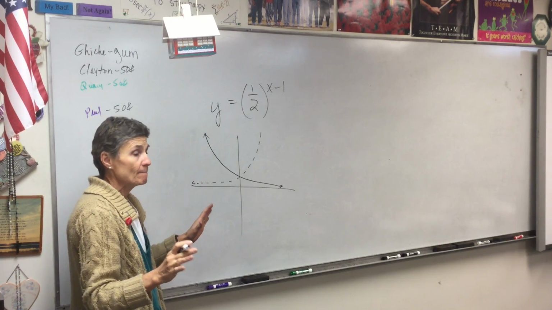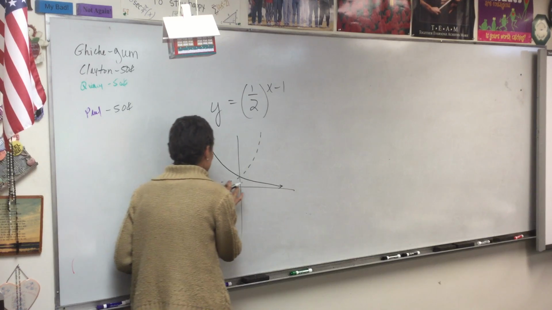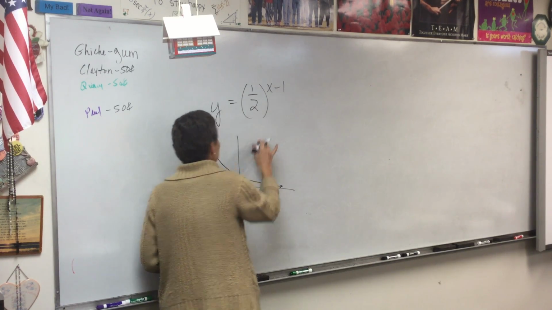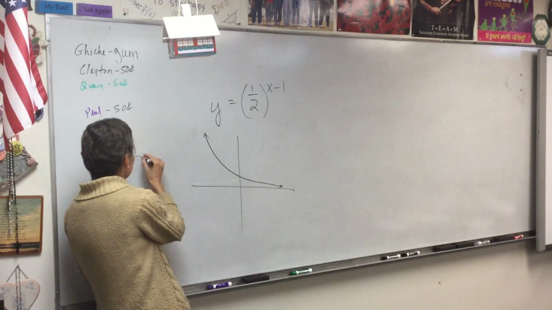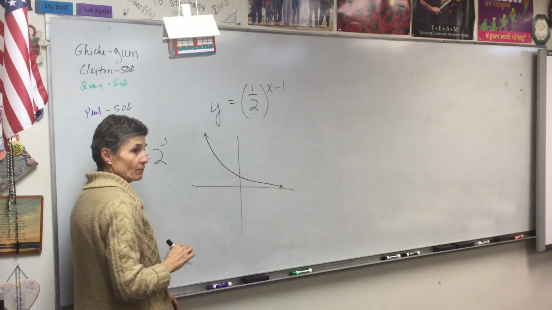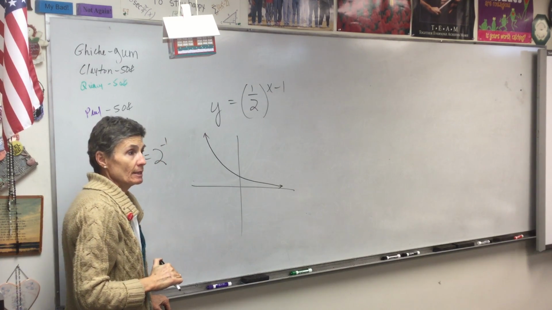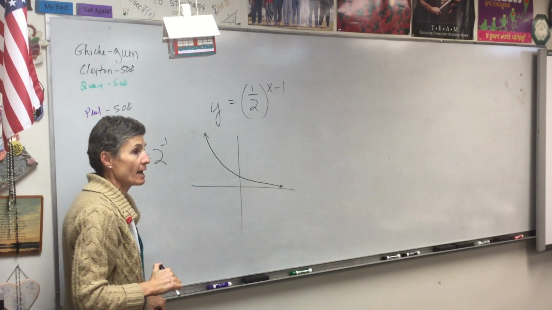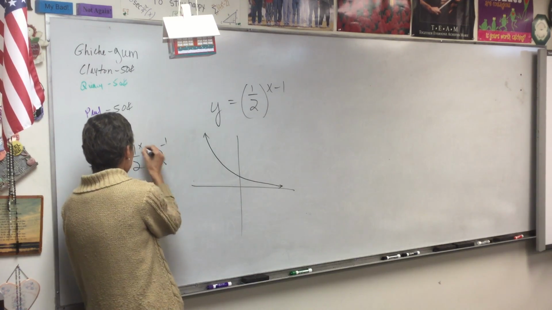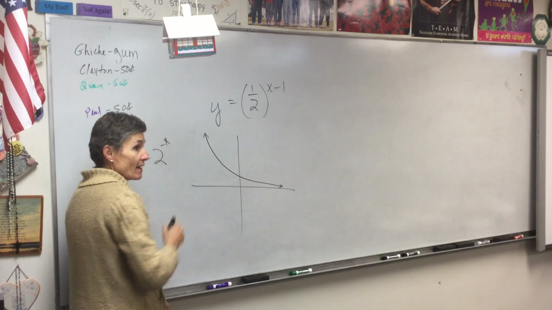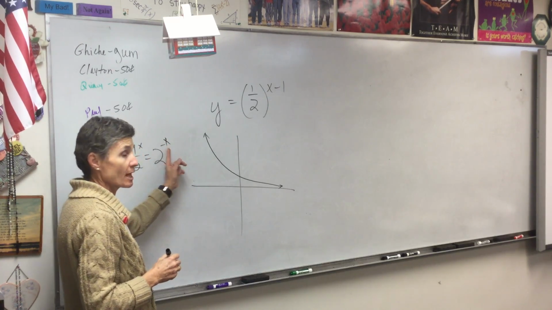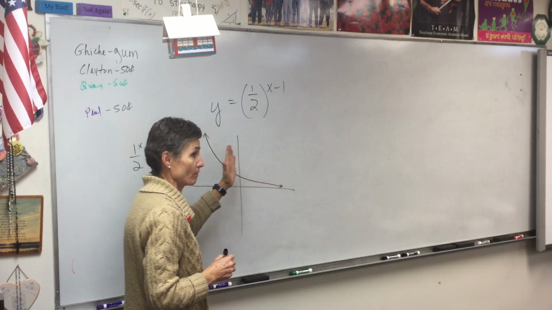That's good enough. If you need more convincing, remember that 1/2 is 2 to the negative first. And when you change the sign on the x, so 1/2 to the x is 2 to the negative x. And when you change the sign on x, what do you do to your picture?